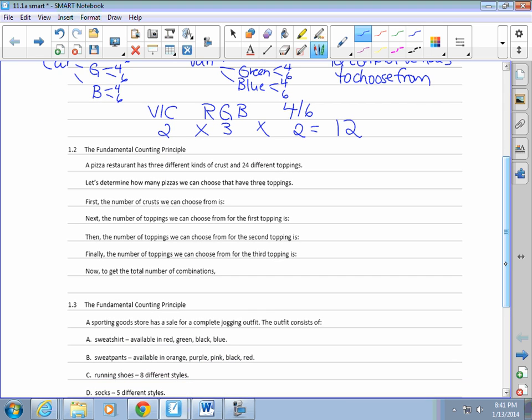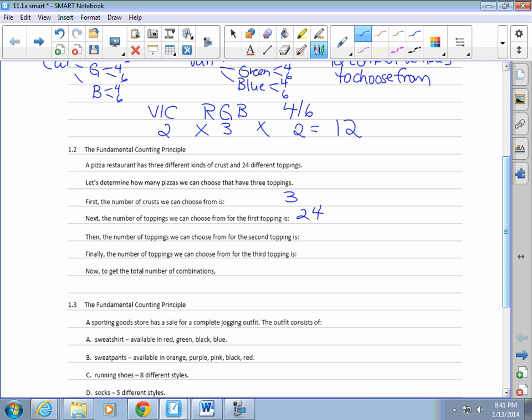So the next example says, a pizza restaurant has 3 different kinds of crusts and 24 toppings. Let's determine how many pizzas we can choose that have 3 toppings. First, the number of the crusts that we can choose from. So it says we have 3 different kinds of crusts. Next, the number of toppings for the first topping is, well, I have 24 choices.